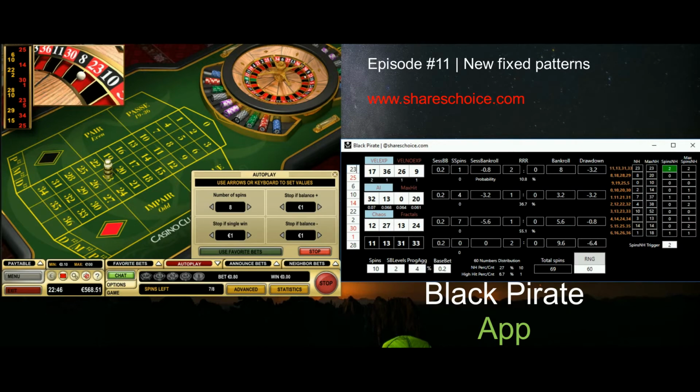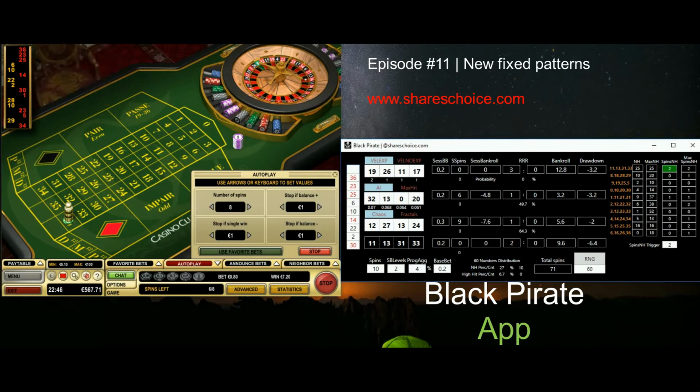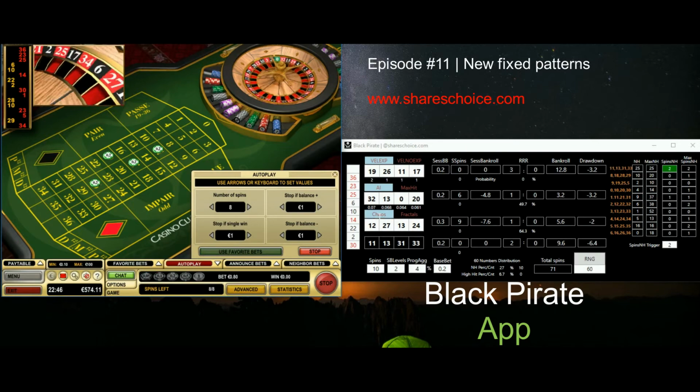My calculation in the column spins non-hit is this: if one of these 4 numbers, for example number 6, hits, then I calculate 10 rounds, and if in these 10 rounds none of these 4 numbers 6, 16, 26, 36 hit, then I say spins non-hit is 1, so I'm increasing to 1.